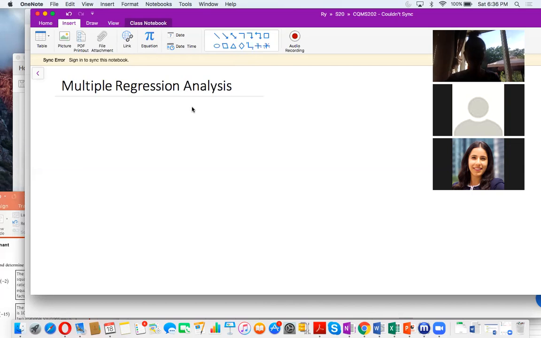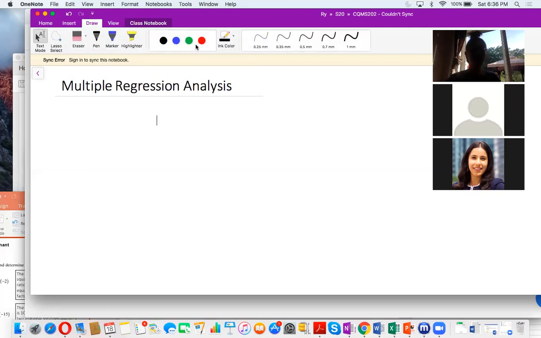Okay, so today is multiple regression analysis. We are going to explore the relationship between one dependent variable, y, and 2 or 3 independent variables x. So for example, you have x1 and you have x2. I will give you an example.